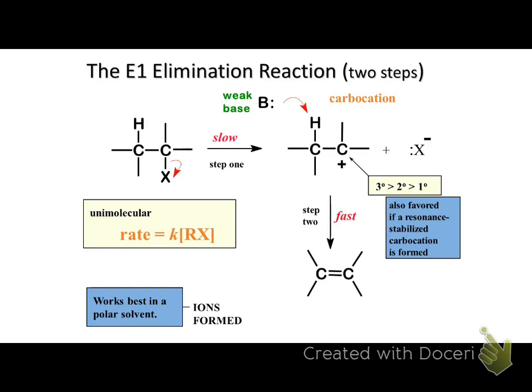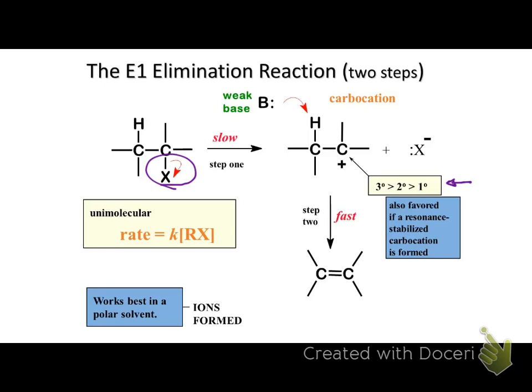So in the E1 mechanism, this bond has to break. That's the slow step. And that's one of the reasons why I like to talk about E1, because it's just like SN1. You don't have a good base or nucleophile present. You have water or an alcohol present. But once you form the carbocation, and there's a lot of information on this slide, the formation of the carbocation, right, goes based on tertiary, secondary, primary.